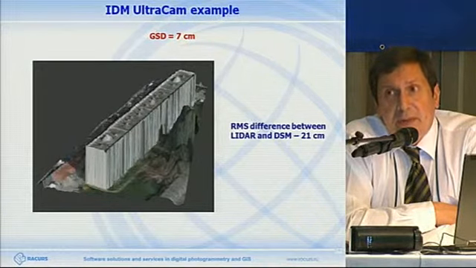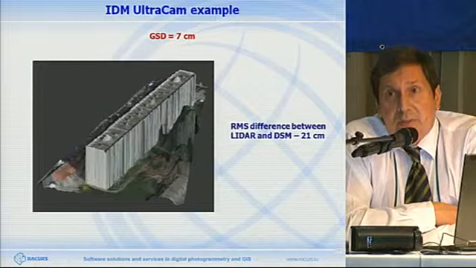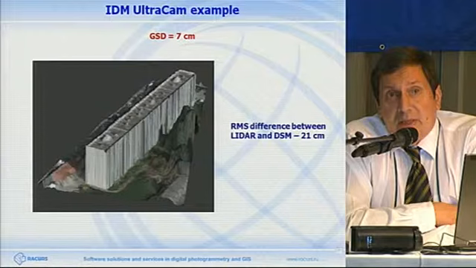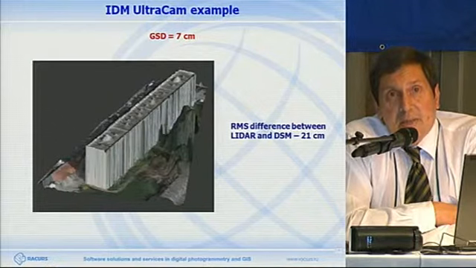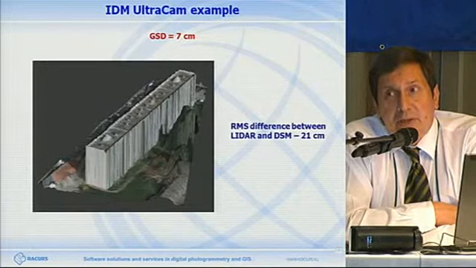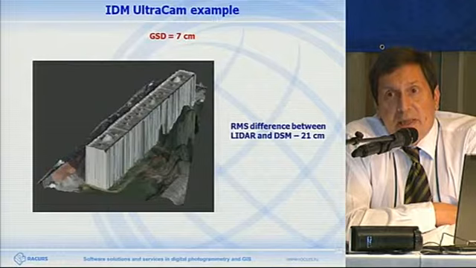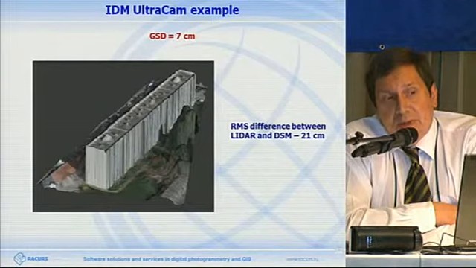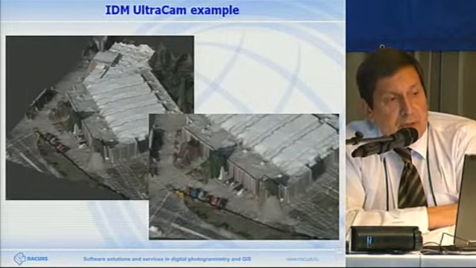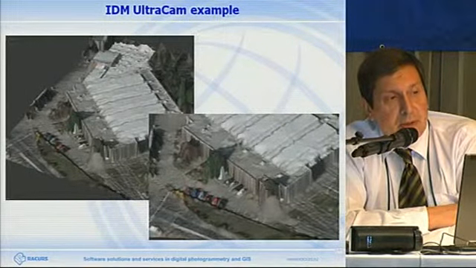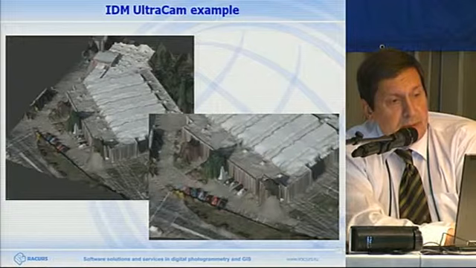For the remaining points we had an RMS of 21 centimeters. Not the best result, but still quite an achievement, especially in the city park areas. And we can see some problems in shadowy areas, but we are working on them. Shadows are from buildings, that is.